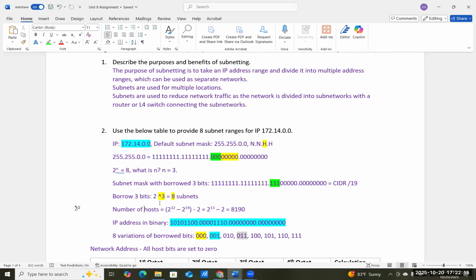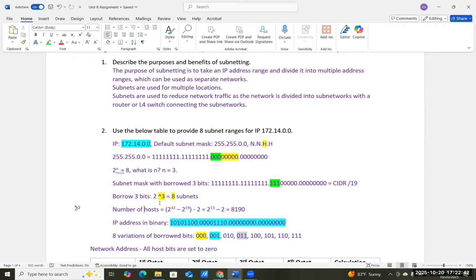See how when you put it into binary, it's visible, right? So why 2 to the power of 19? Because this represents 255, that's 8 bits. This represents 255, that's another 8 bits, right? And then I borrow 3. So 8 plus 8 is 16, plus 3 is 19.